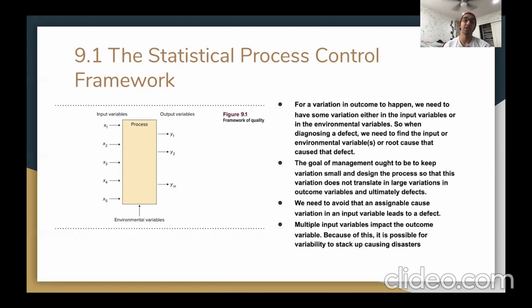We can see that here with the multiple input variables x1, x2, x3, x4, x5. Then, due to the environmental variables, all of these stacked-up variables cause different outputs to occur, and we end up with y1, y2, ym. What this shows is that multiple variables sometimes cause us to have fewer outputs, or the outputs that we do get have multiple defects.